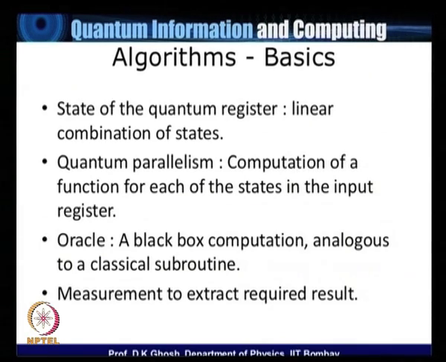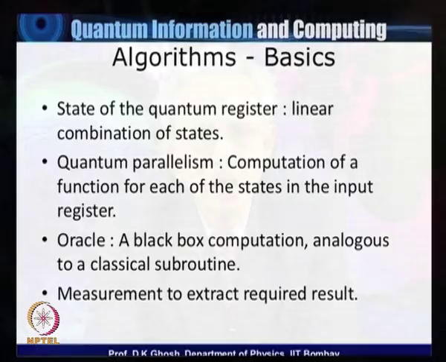And therein lies the great advantage of quantum parallelism, because corresponding to this linear combination of inputs, our computer can compute functions corresponding to each one of these linear combination components, and the output will be generated by what we have been calling a quantum oracle.